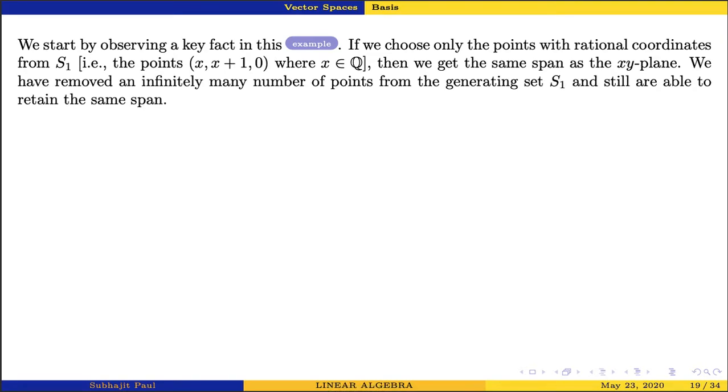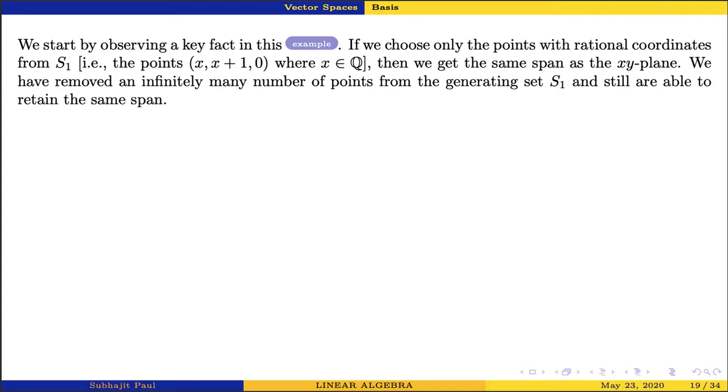Now observe carefully here, we have removed infinitely many points from the generating set S1 and still are able to retain the same span. Okay, we have removed all the points with irrational coordinates, and they are actually uncountably infinitely many in number.